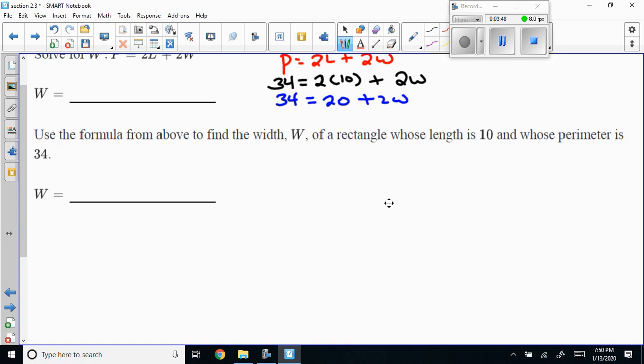When we solve for a variable, we're trying to get the variable on one side and everything else on the other side. So we go minus 20, which gives me 14 equal to 2w. Y'all agree with that? Then divide both sides by 2. So we find that the width is 7.